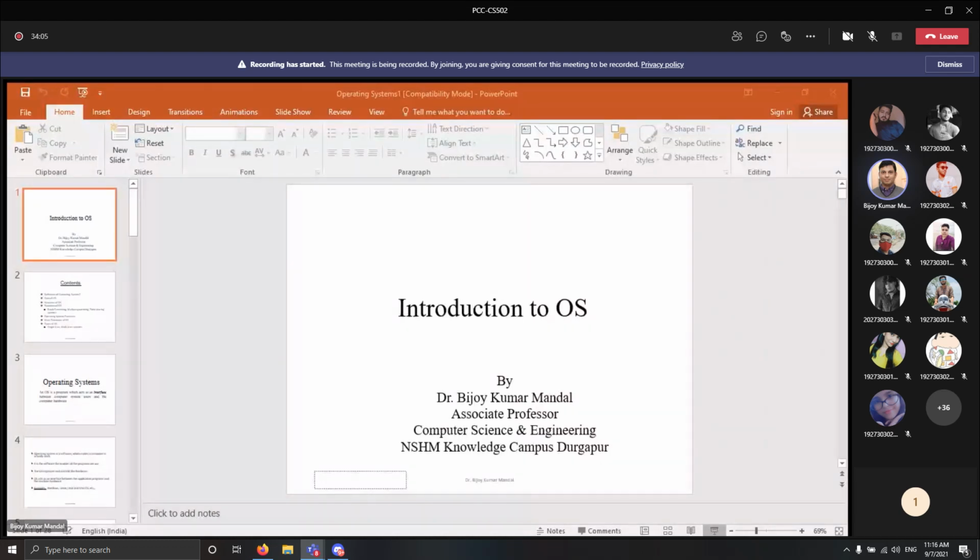So the first function is control, and the second is to execute the user and application programs.